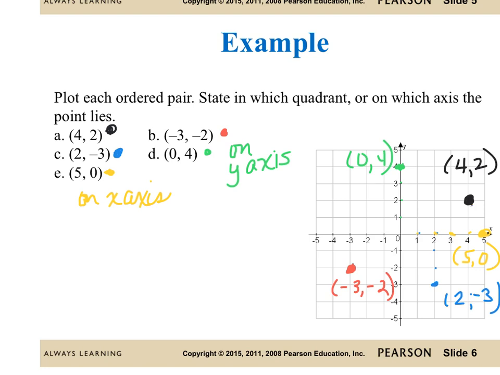And that's because the 0 is used for one of the coordinates, but if the 0 is in the y position, it's on the x-axis. If the 0 is in the x position, it's on the y-axis.